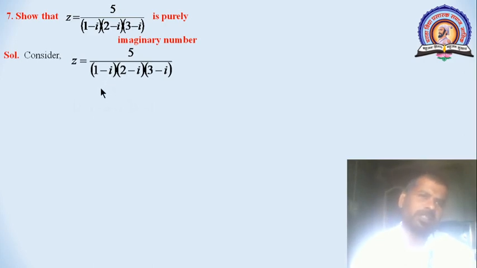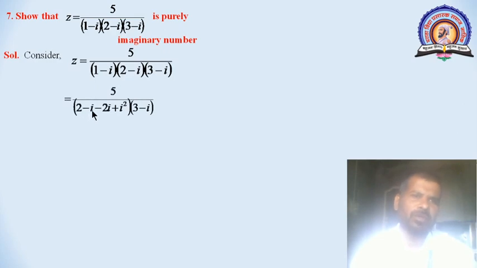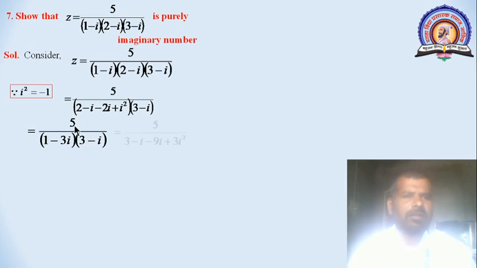We have z is equal to 5 upon (2 minus i minus 2i plus i square)(3 minus i). Put the value of i square as minus 1. So we have 5 upon (1 minus 3i)(3 minus i). Again multiplying these two brackets, we have 5 upon 3 minus i minus 9i plus 3i square.